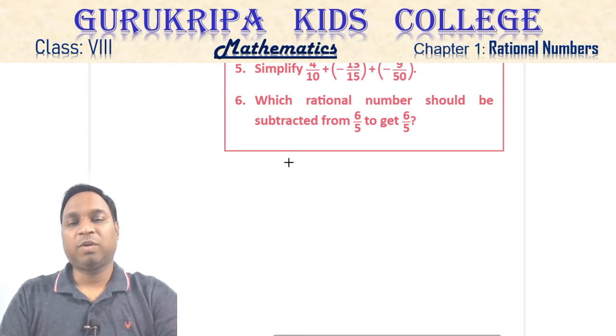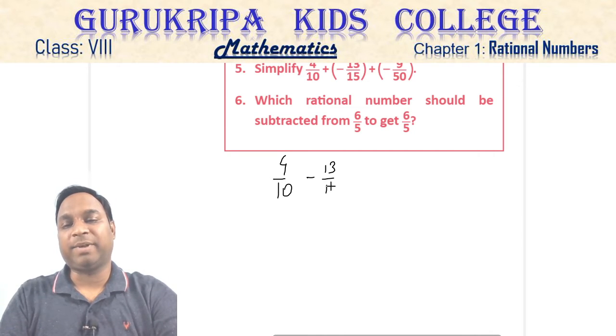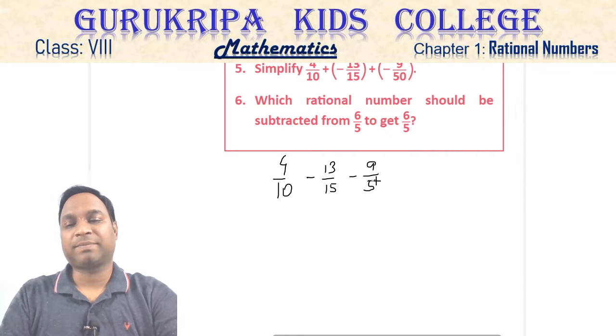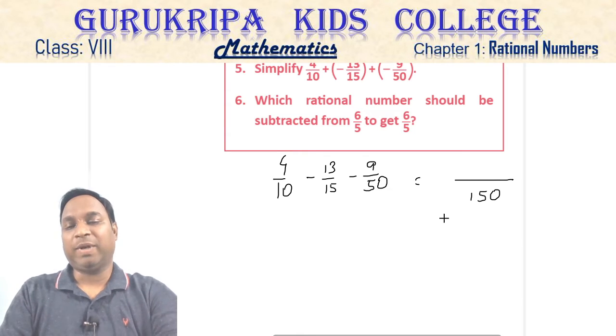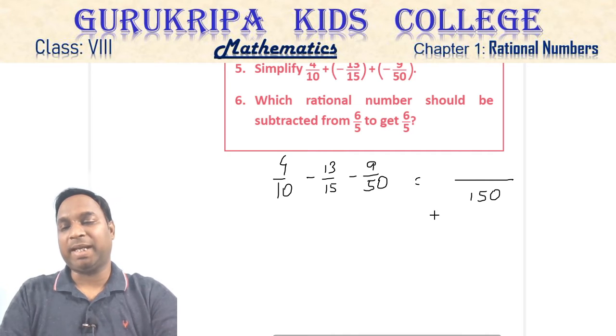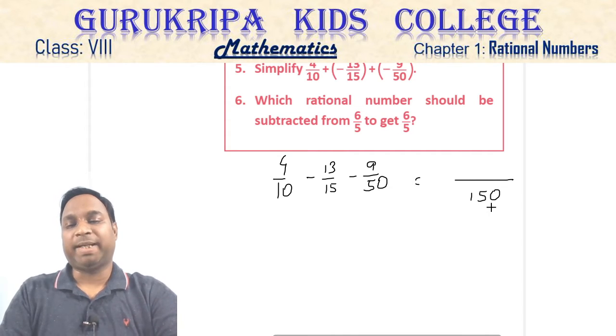Simplify 4 by 10 minus 13 divided by 15 minus 9 by 50. What will be the LCM of 10, 15 and 50? 150. I hope everybody knows how to find the LCM. If you have any doubts in LCM, you can give me a comment in the comment section in the video. I'll help you. So when the LCM is 150, what do you get in the numerator?